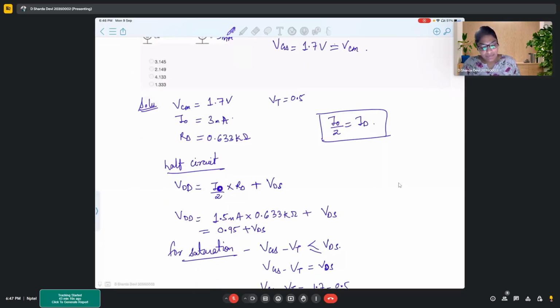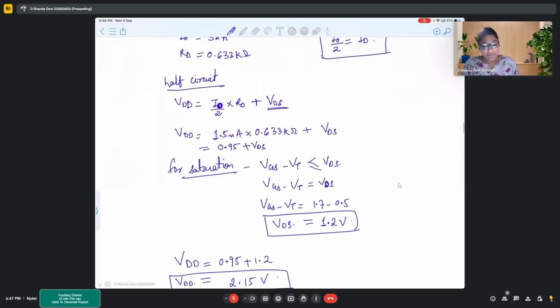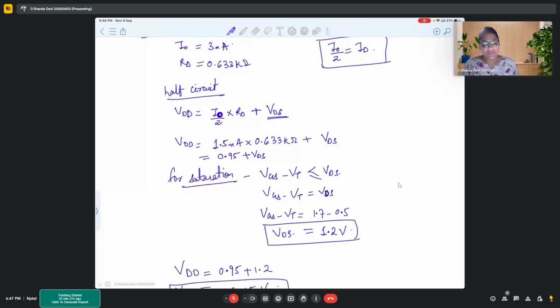We know RD, we know I naught, so we can find the first term. Now we have to find the second term, that is VDS, the drop across the MOSFET. For saturation, we know that VGS minus VT should be less than or equal to VDS. That means VDS should be at least equal to VGS minus VT to start your saturation.